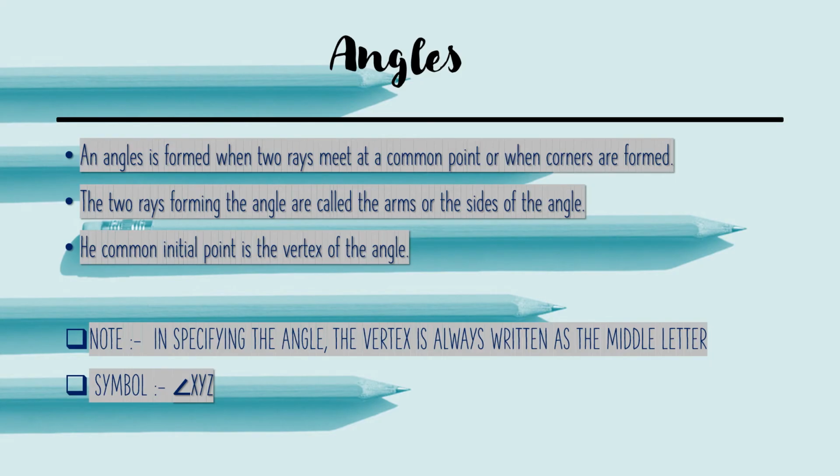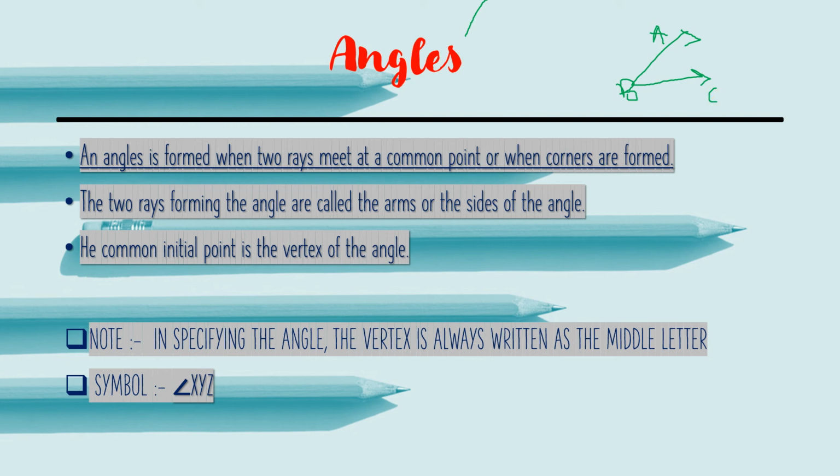So let's start our today's topic, that is angles. So basically, what is an angle? An angle is formed when two rays meet at a common point, or when corners are formed. Like this is an angle, and let me name it ABC.